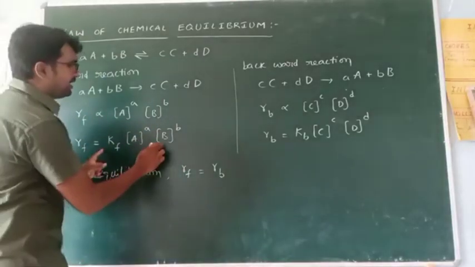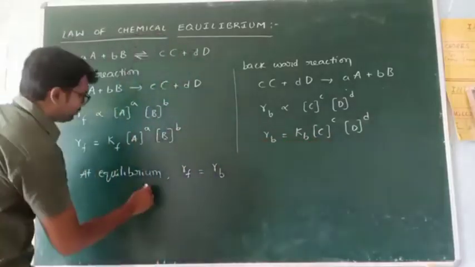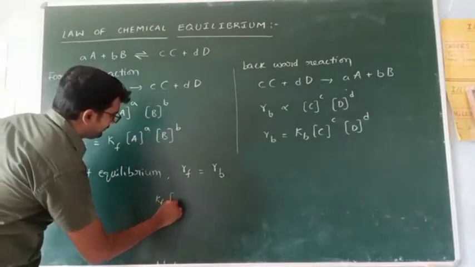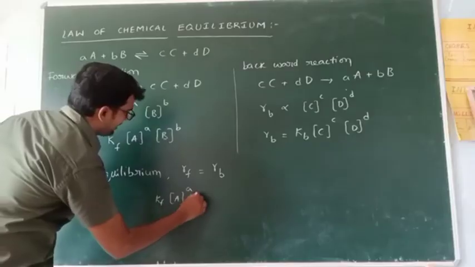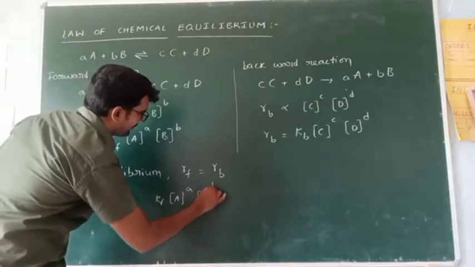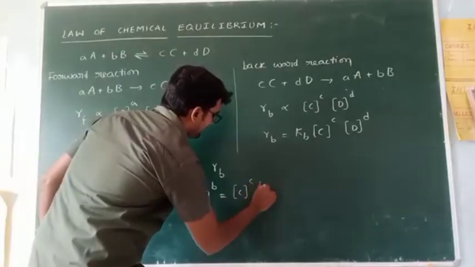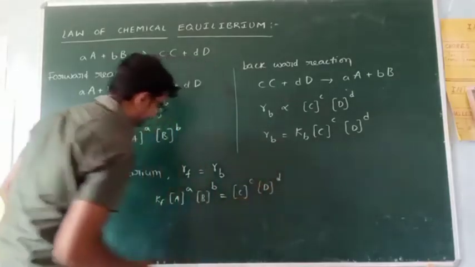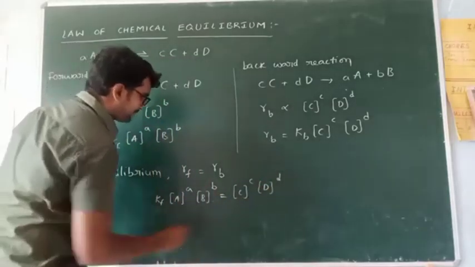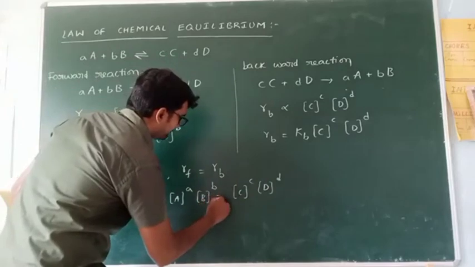Then automatically these two must be equal: Kf [A]^a [B]^b = Kb [C]^c [D]^d.